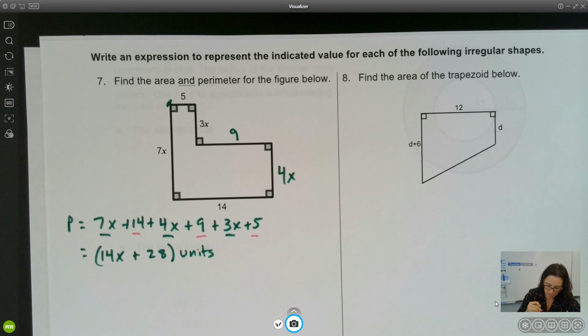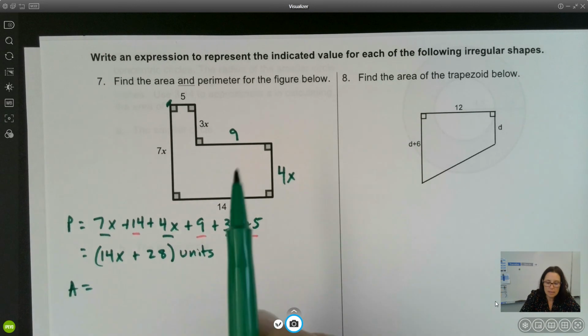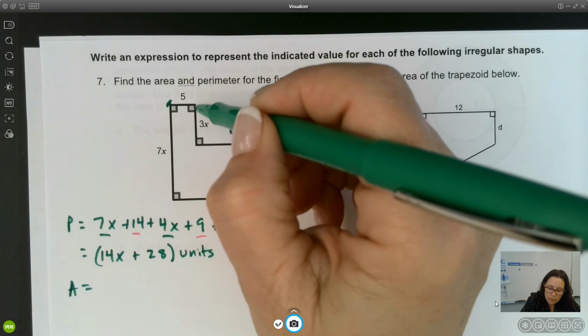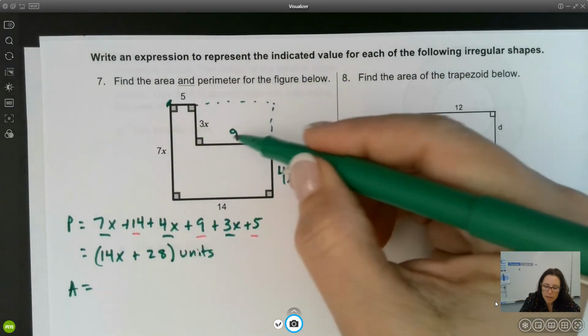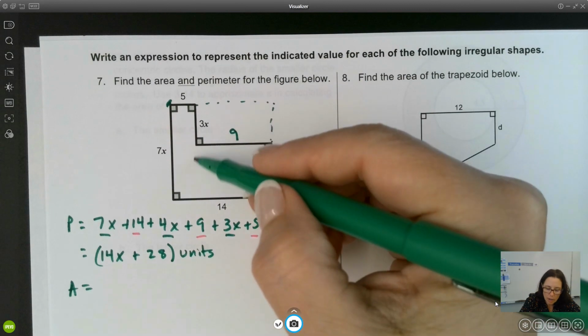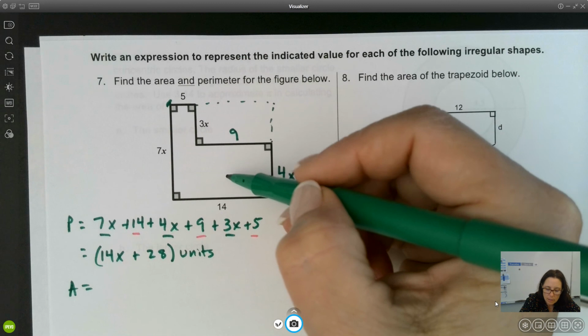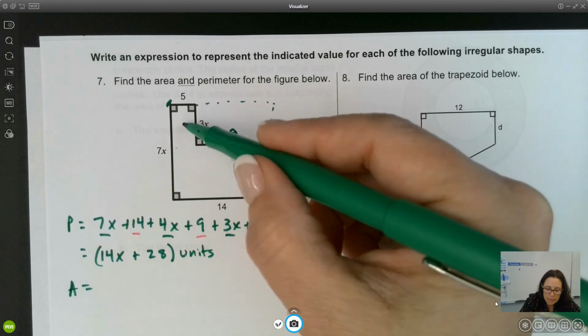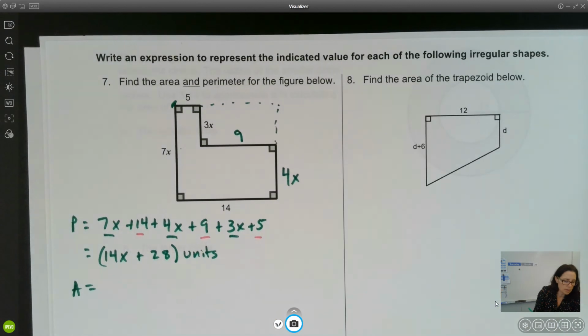Okay. All right, so now let's get into our area. Area, again, I'm going to do the whole thing and then I'm going to take out this piece. Okay, you could cut it here and add these two rectangles together. You could cut it here and add this rectangle to this rectangle. There are lots of ways to do this.